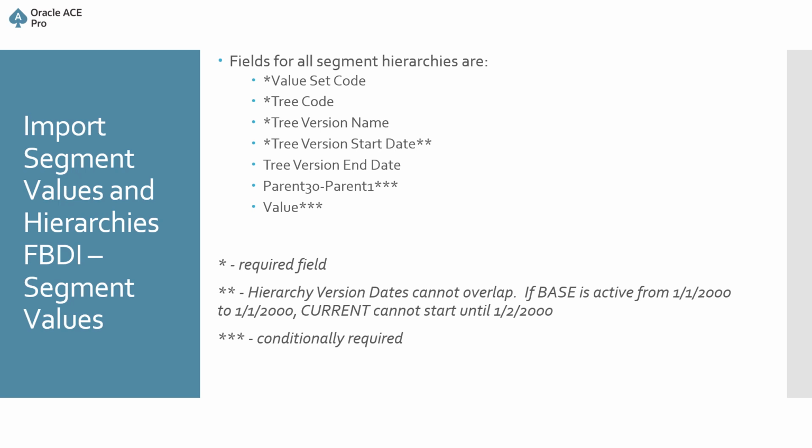I have to have a value somewhere along those parent 30 to value. It has to be there somewhere. It's conditionally required, so it has to appear in one place. And that's where we started looking at Oracle doing validation in the FBDI. It's making sure that you don't have a child sitting essentially immediately as a grandparent. It's always going to fall under a parent as we go through that.